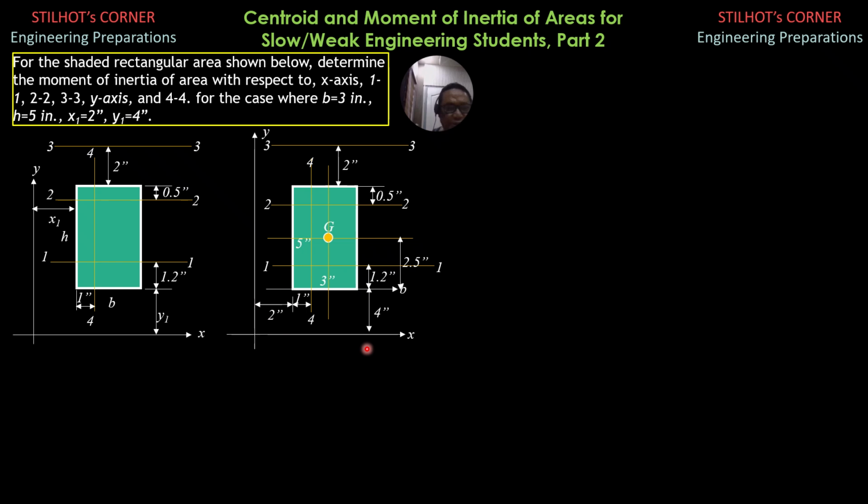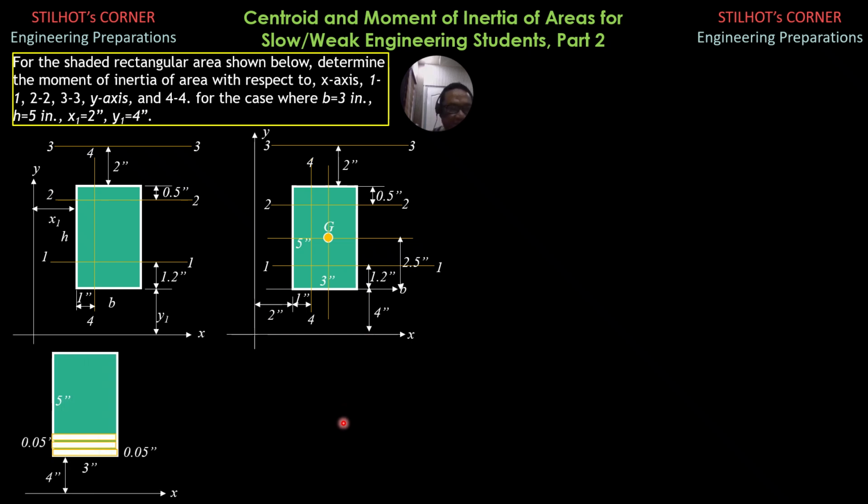So bh cubed over 3. So it will be 3 times 9 cubed over 3 minus 3 times 4 cubed over 3, where 9 is 4 plus 5 inches. So that's the first way.